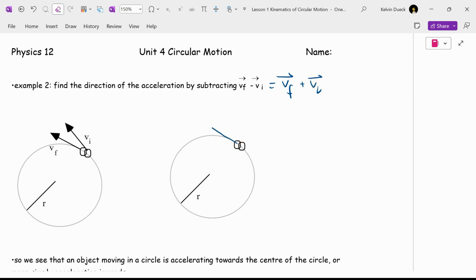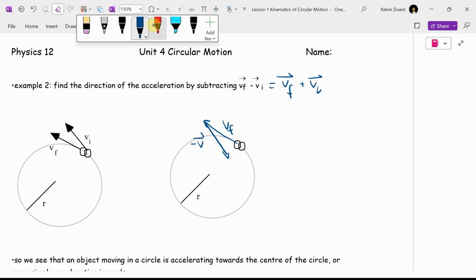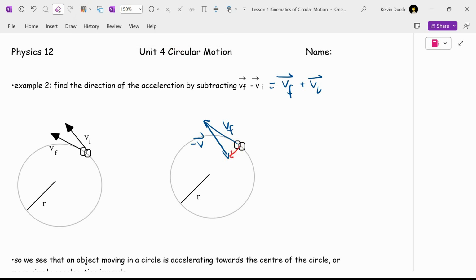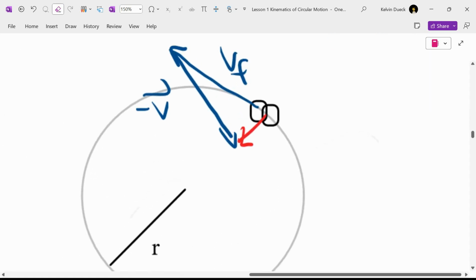Now, VF is this direction. VI is up, a little more up and left. What's the opposite of VI? So here's VF, here's negative VI, and we add them tip to tail. The resultant is that way. That's the direction of the acceleration.